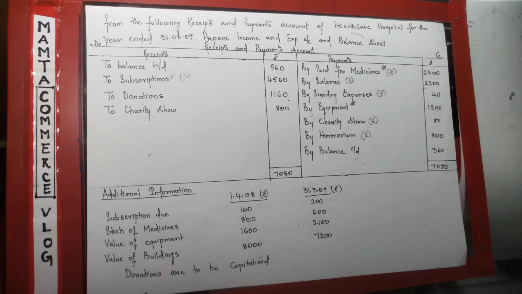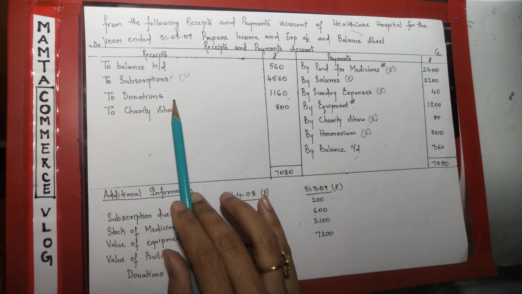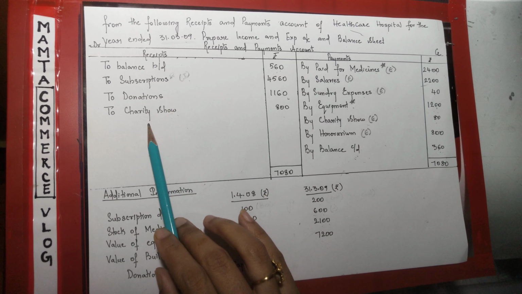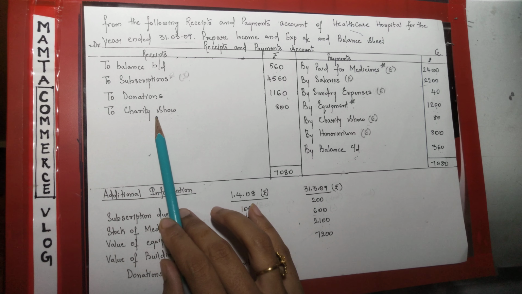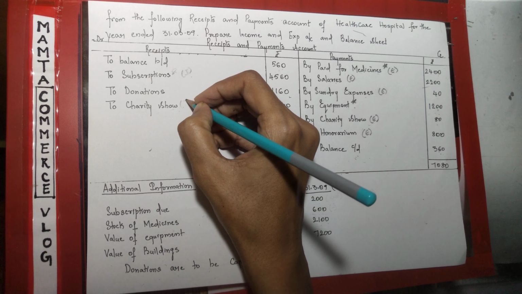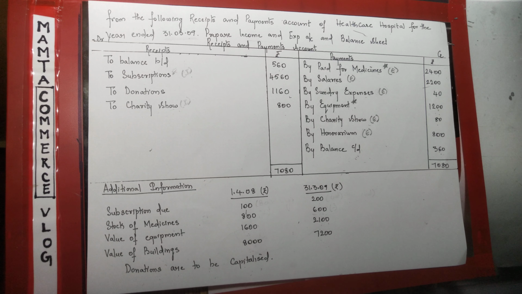There is a point given for donation, that is donations are to be capitalized. So we will capitalize the amount of donations. Next we have charity show. This charity show is again an income to us, so we will write it on the income side of our income and expenditure account. Now we will solve the solution.